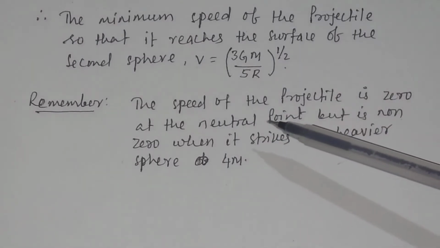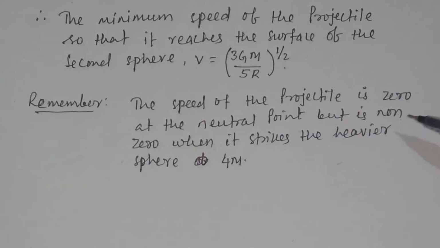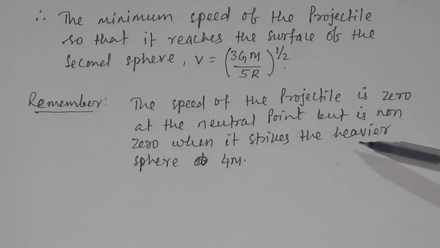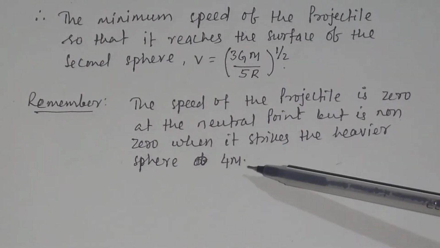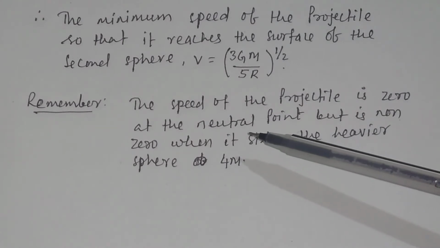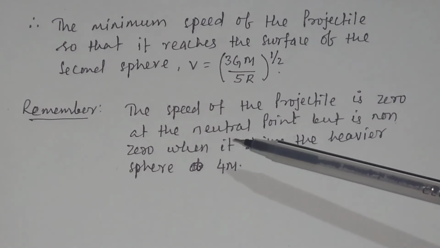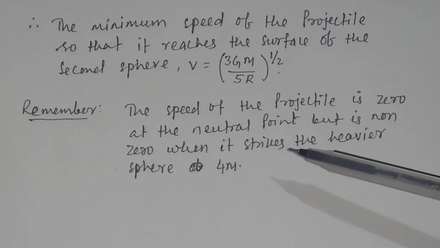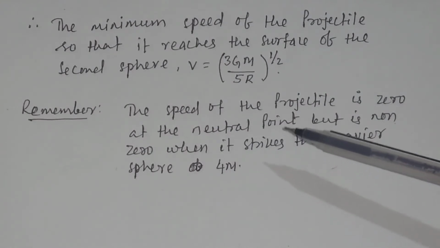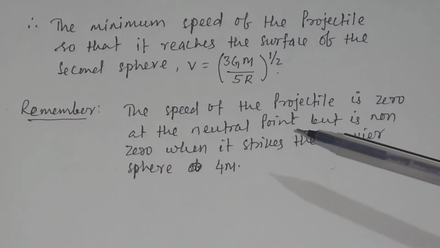And you remember the speed of the projectile is 0 at the neutral point, but is non-zero when it strikes the heavier sphere 4m, because when the projectile moves from the sphere of mass m, its kinetic energy decreases and potential energy increases, and at the neutral point the potential energy is maximum and kinetic energy is 0.